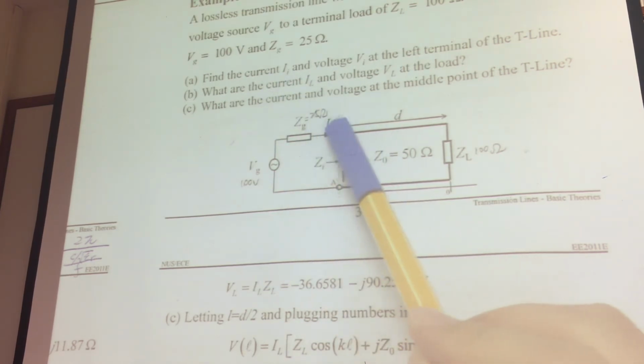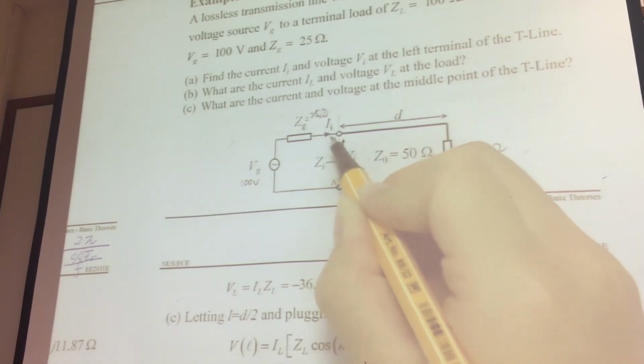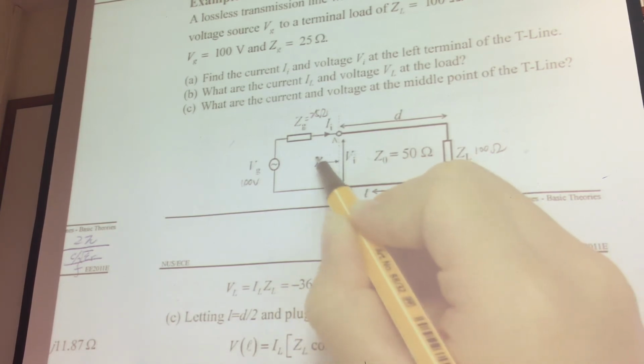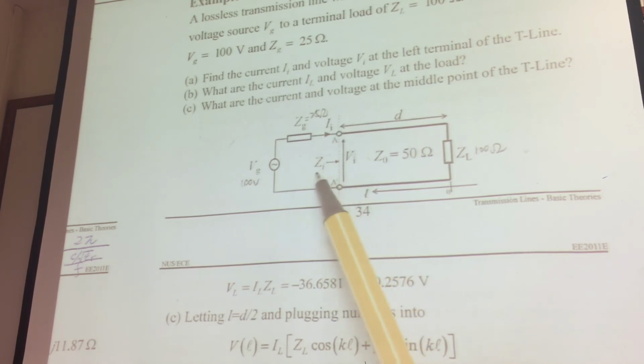To calculate I here, we need to know the voltage and we need to know the impedance. So we need to know the voltage over here and the impedance over here, that is Zi. So now let's see how to calculate Zi. Zi is basically ZL in the telegraph equation with l replaced by d.